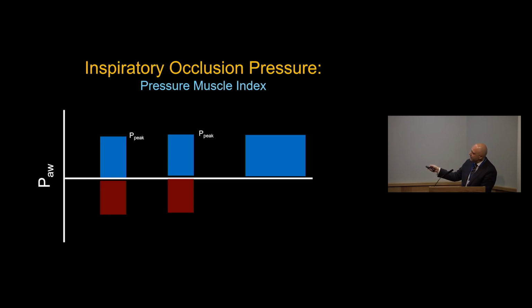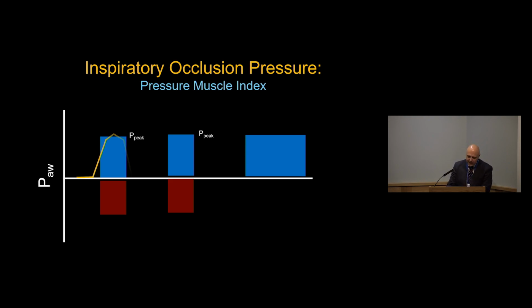You've got a pressure, the airway pressure that you can see because you can read it on the ventilator. And then there is the negative inspiratory force that the patient is generating that we can't see. And the question is, how do we make this visible? Because this plus this is the total driving pressure of the respiratory system.